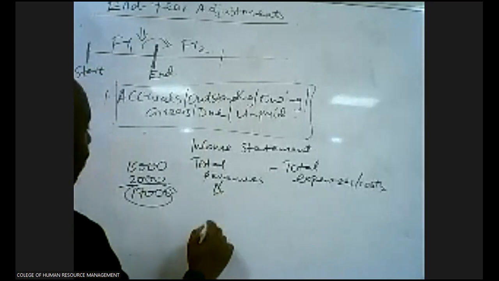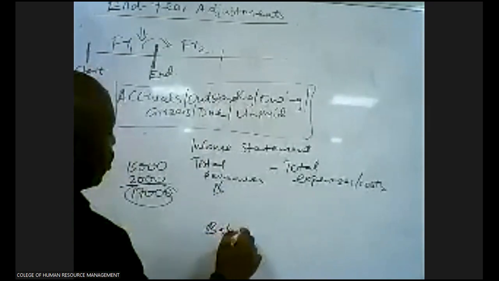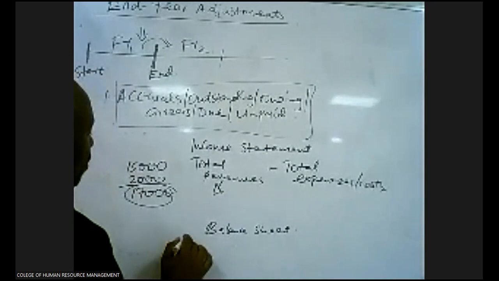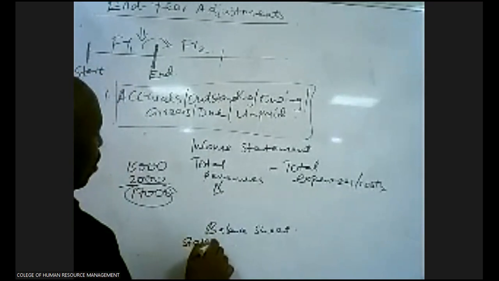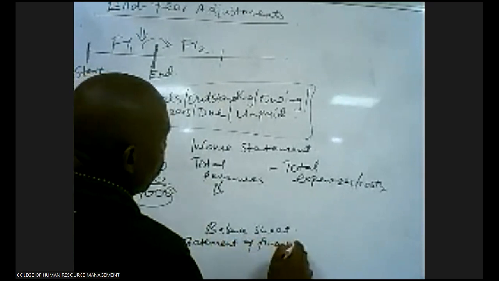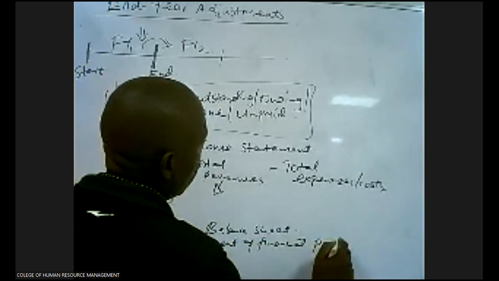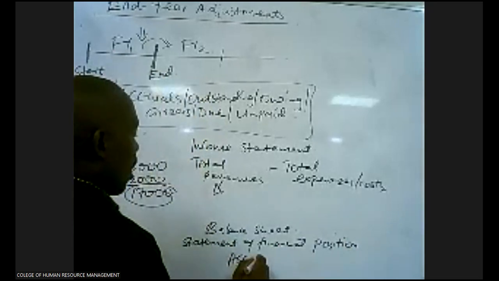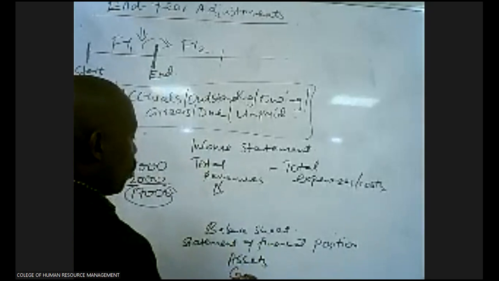Now, another statement we call the balance sheet. In most cases, you find it to be known as the statement of financial position. In this statement, we normally consider the following items: assets, the capital, and liabilities.